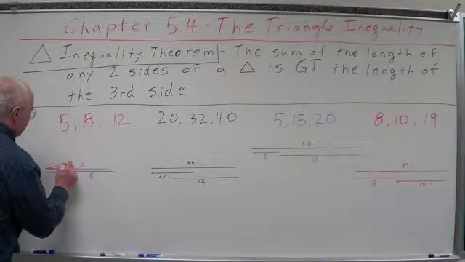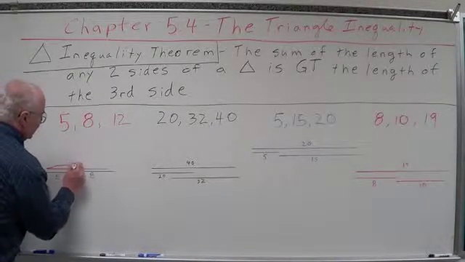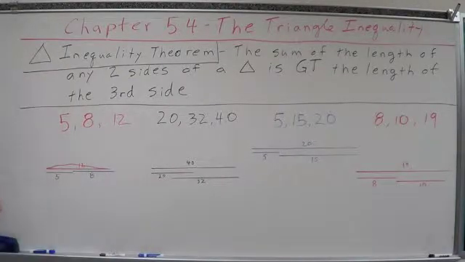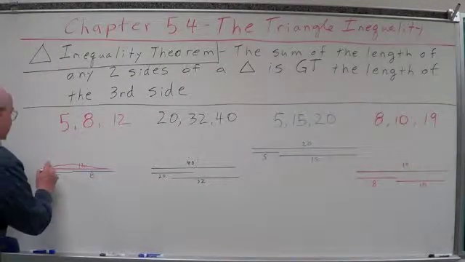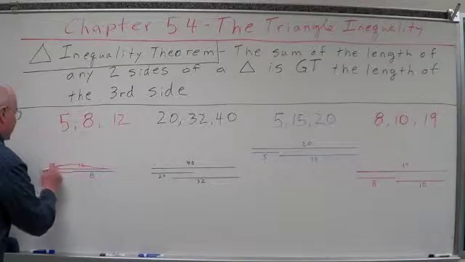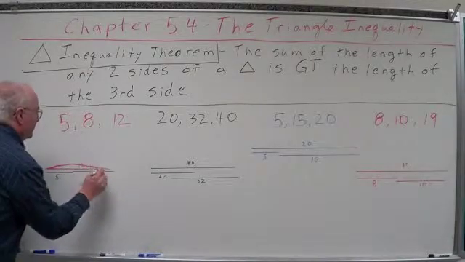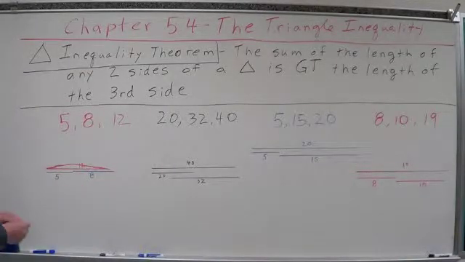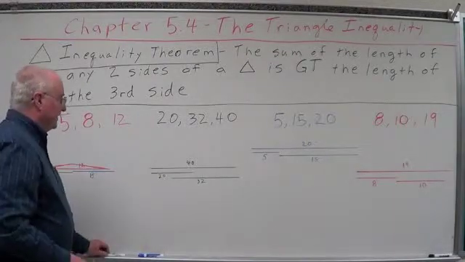This is going to come up to about there, so that I have a little triangle. It's not coming up very far. Why? Because the excess is only about 1 inch. So a little triangle.